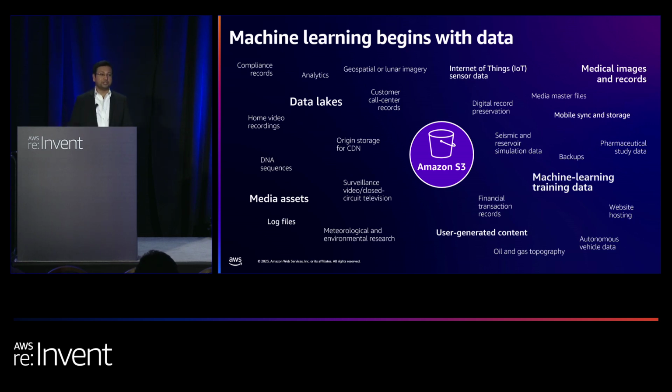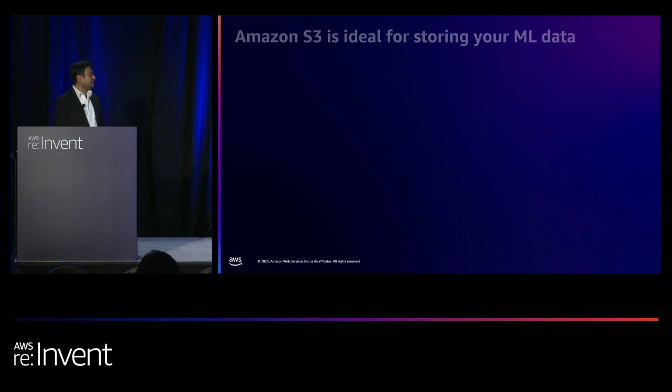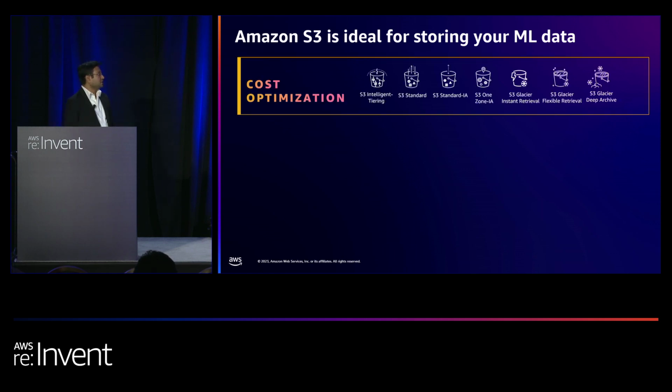Well, that's absolutely true. There are some very sound and specific reasons why you should use Amazon S3 as the foundational storage for your machine learning artifacts and training data. First, Amazon S3 offers a range of storage classes you can choose from based on the data access patterns, the cost requirements, and the data resiliency requirements of your workload.